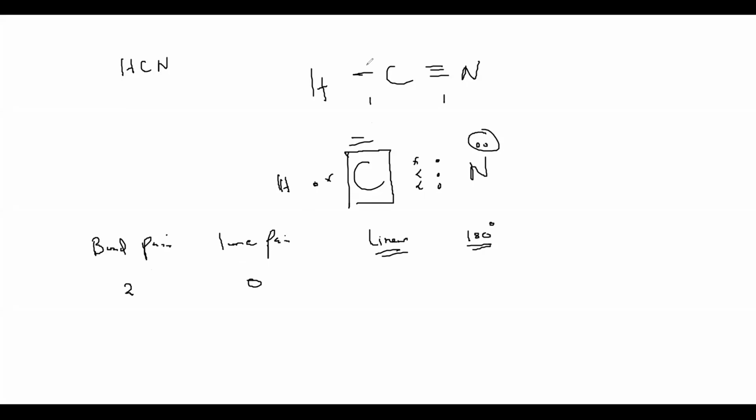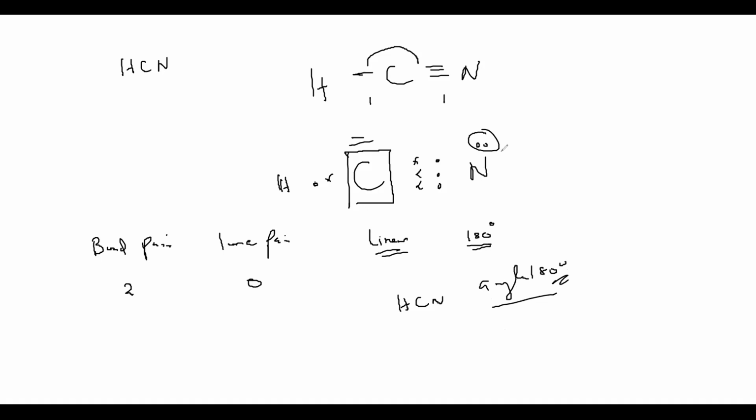Means the bond between H, C and N will have an angle of 180 degrees. Centigrade is for temperature, by mistake. So 180 degrees.